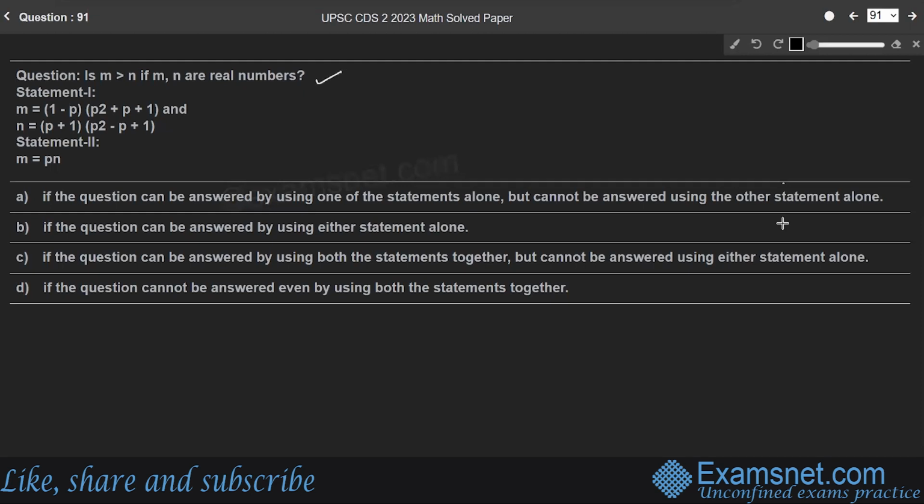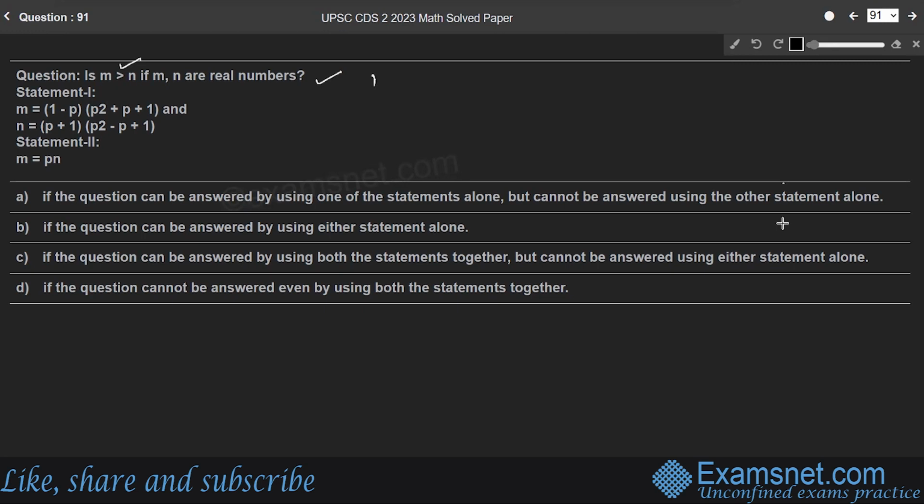Question 91: is M greater than N, if M and N are real numbers? Based on statements 1 and 2, can we conclude M is greater than N or not? We'll consider statement 1.